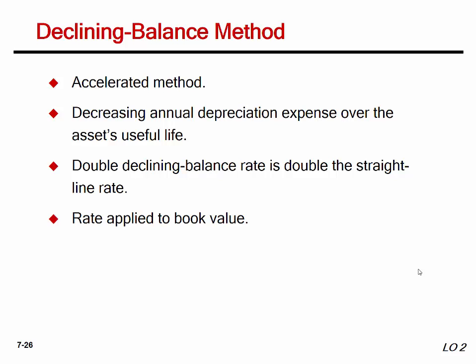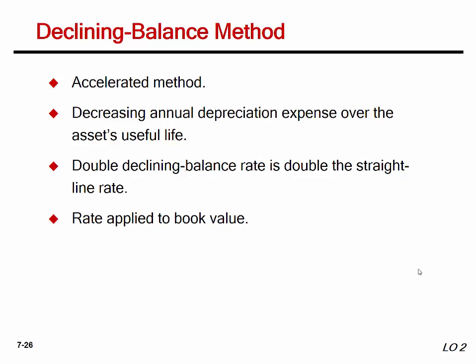A declining balance method is what we refer to as an accelerated method. What you guys are going to see is that for at least the first year, if not the first 2 or so years, the amount that will be depreciated to depreciation expense is actually greater than what the straight line method would come up with on a dollar amount basis.